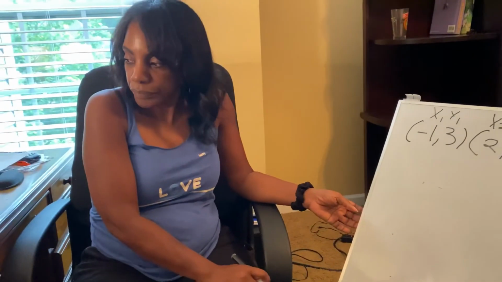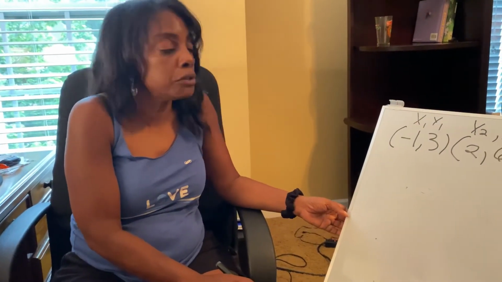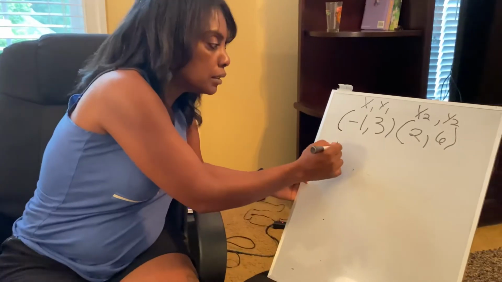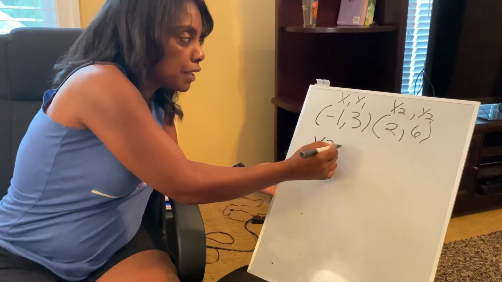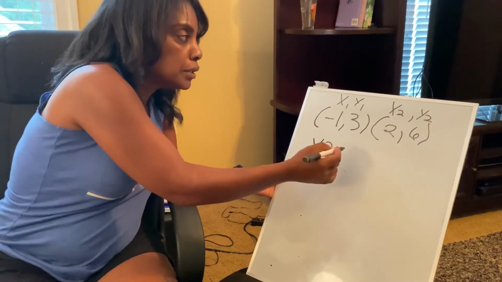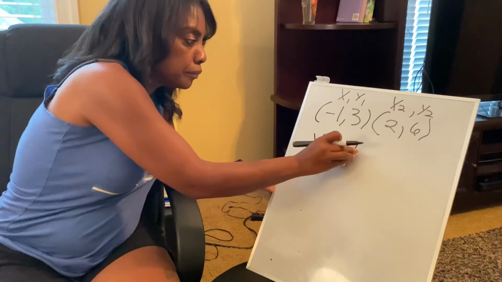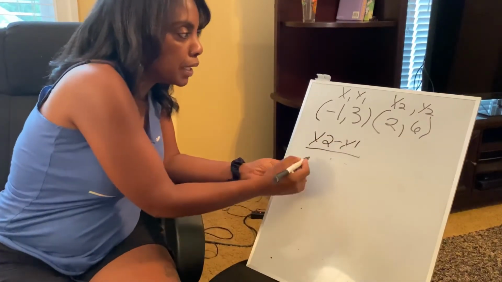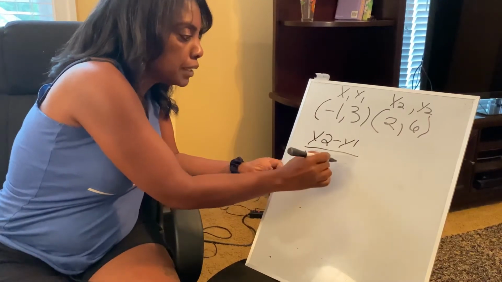So the first thing that we need to do is to find the slope of the line, and we do that by subtracting y. This is the formula to find the slope: y2 minus y1 divided by x2 minus x1.